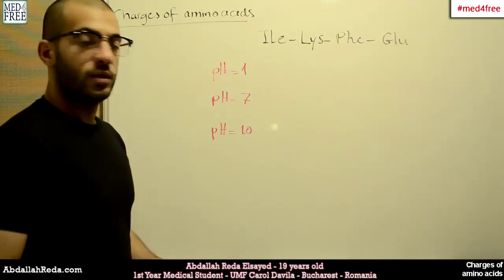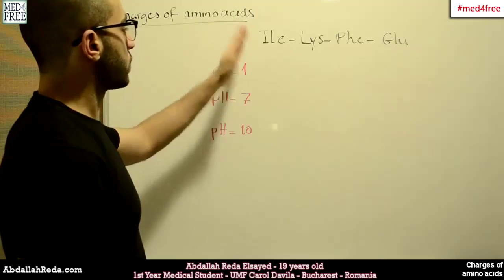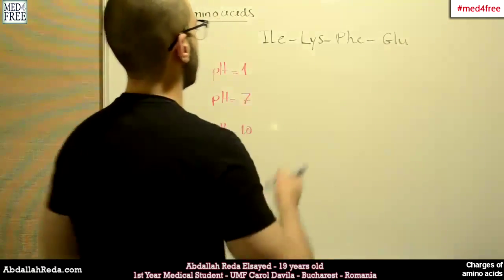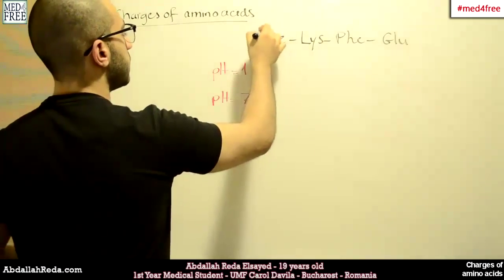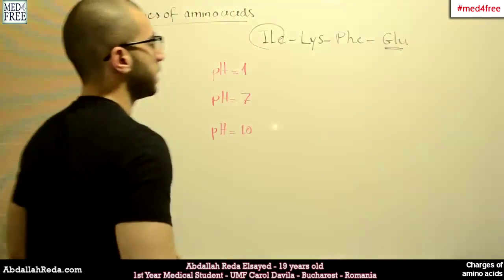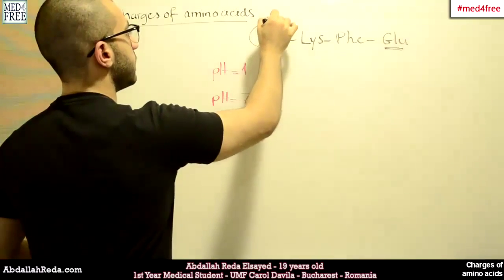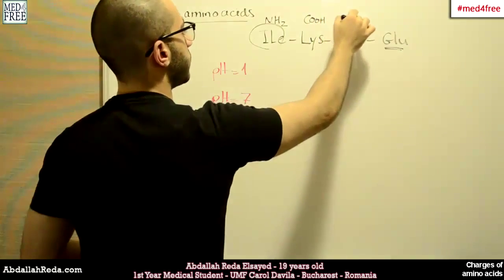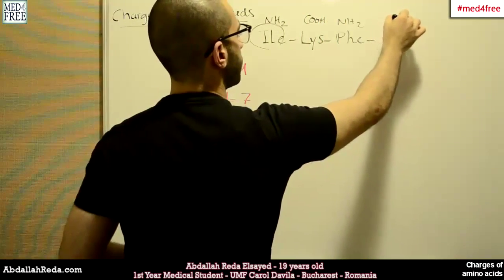So the first thing that we do is determine which one is the amino end and which one is the carboxylic end. So this is the amino end, the left side, and this is the carboxylic end. So here we will have the amino group, carboxylic group, amino group, carboxylic group.